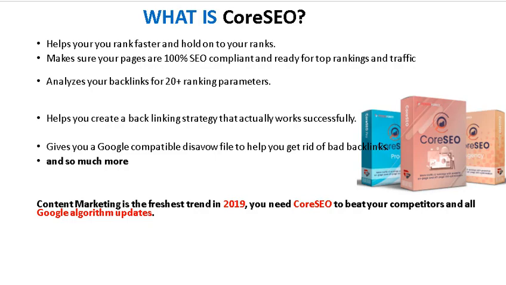It analyzes your backlinks for up to 200 plus ranking parameters, helps you create a backup linking strategy that actually works successfully, and gives you a Google compliant disavow file to help you get rid of bad backlinks, and so much more. Listen, content marketing is the freshest trend in 2019, this year that we are in, and you need CoreSEO to beat your competitors and all Google algorithm updates.